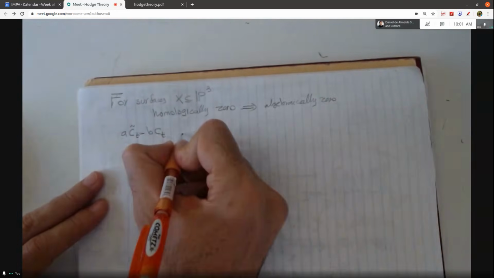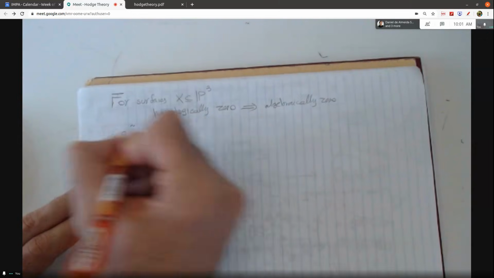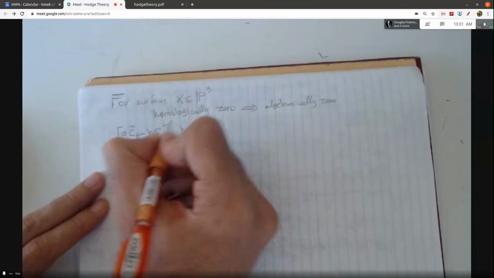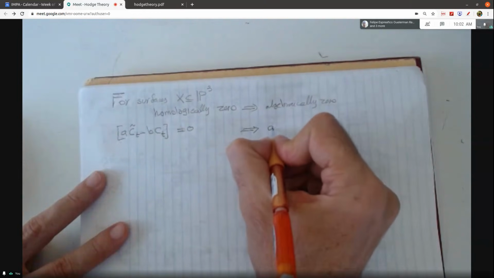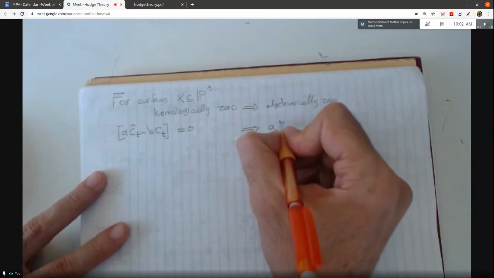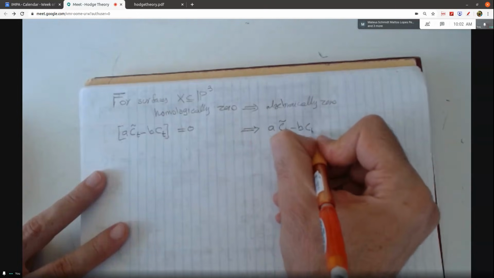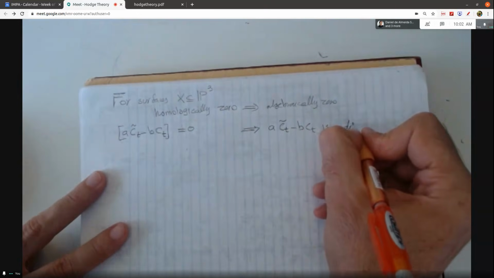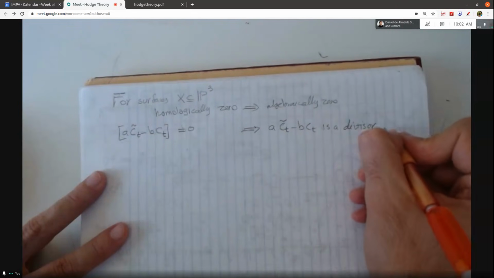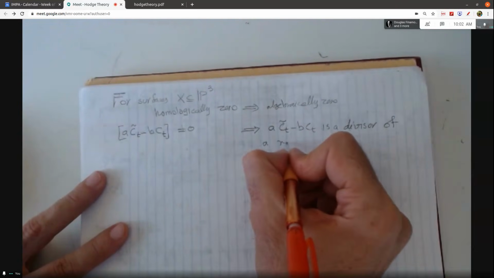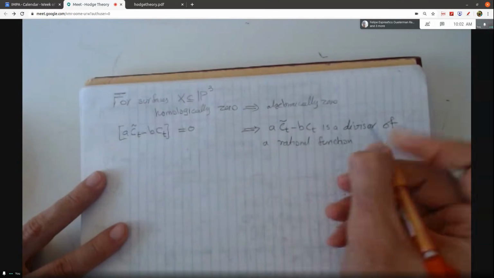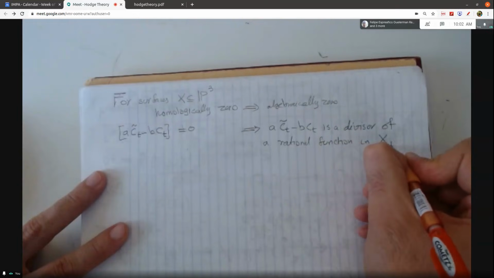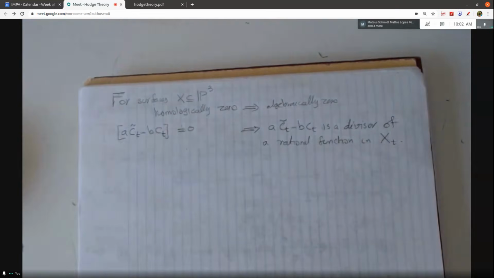So here what I mean, this implies that in our context, algebraically 0, this means that A C tilde minus B CT is a divisor of a rational function in xt.